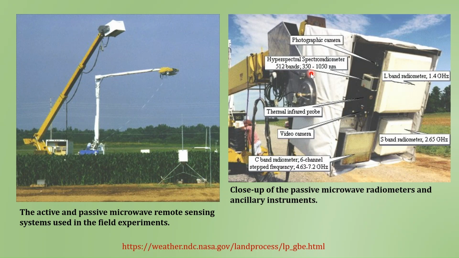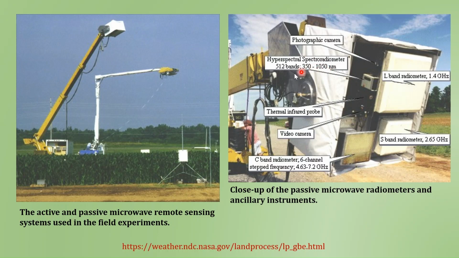And here we have the close-up of the passive microwave radiometer and the instruments which are placed in this. So we can see here that a photographic camera is there, and a hyperspectral spectroradiometer is there, which can acquire data within 512 bands, ranging from the wavelength 350 to 1050 nanometers.